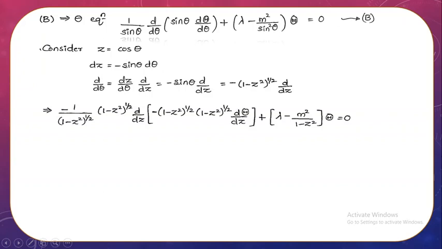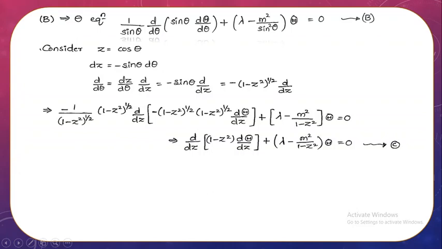So here we can observe that some terms are going to cancel out, since it is something like root x into root x, which equals x, and we get d by dz of 1 minus z square into d Theta by dz, plus lambda minus m square by 1 minus z square into capital Theta equal to 0.